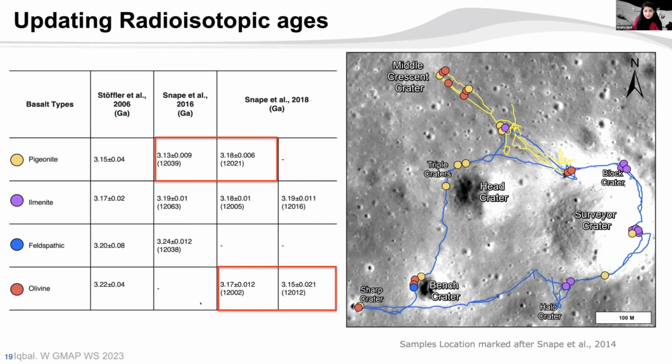And as I mentioned before, that's where we came to know that these Mare units probably appear as intermittent layers of different composition. So for this purpose, we need to take a certain range of ages.